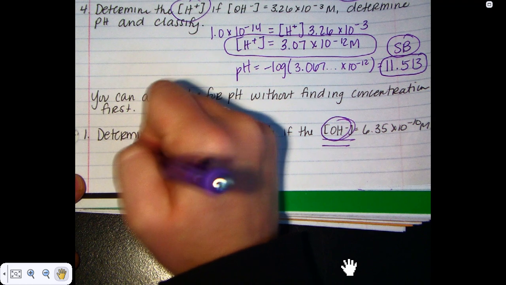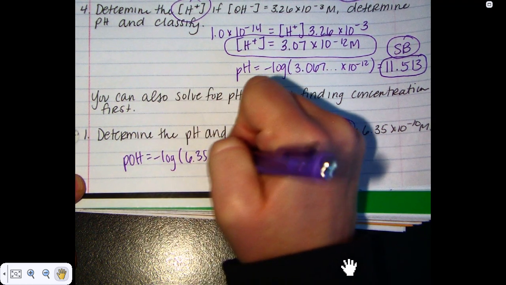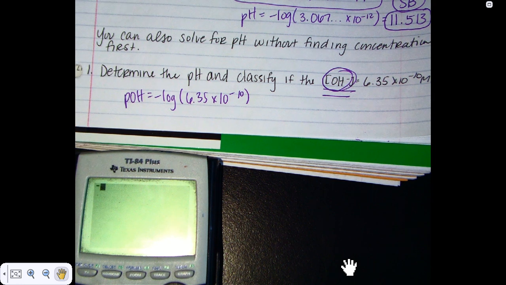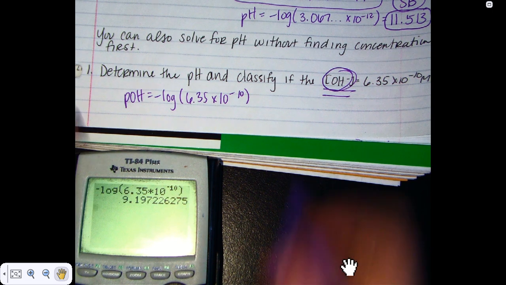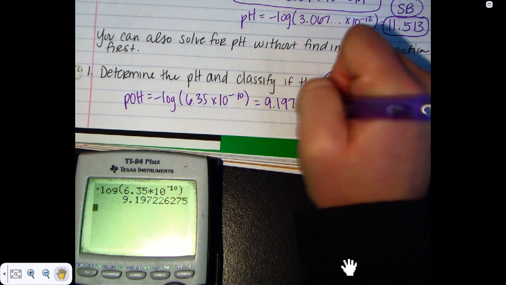So POH is equal to the negative log 6.35 times 10 to the minus 10th. So let's go ahead and type that in. Negative log 6.35 times 10 to the minus 10th. And that's going to come out to be a POH of 9.197 and change.